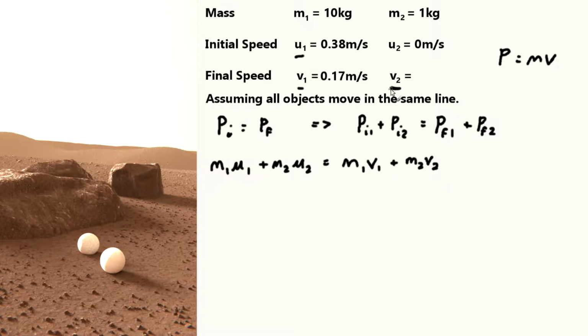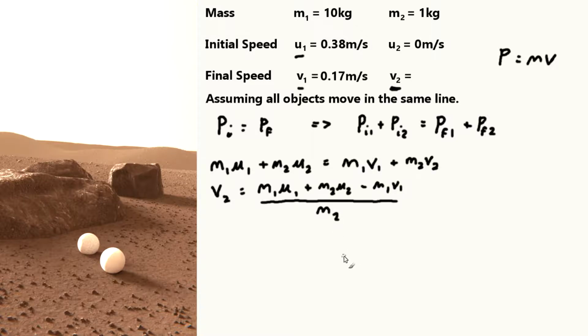As you can see, we want to find v2, and so we can rearrange this equation for v2, and if you take your time, you will find that you get the following formula: v2 equals m1u1 plus m2u2 minus m1v1, all divided by m2.